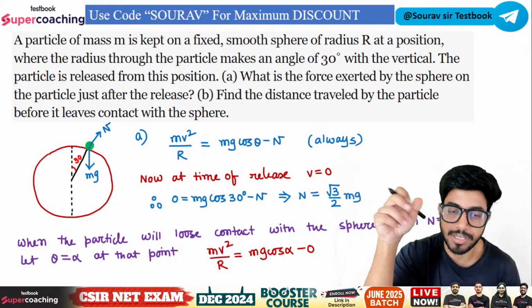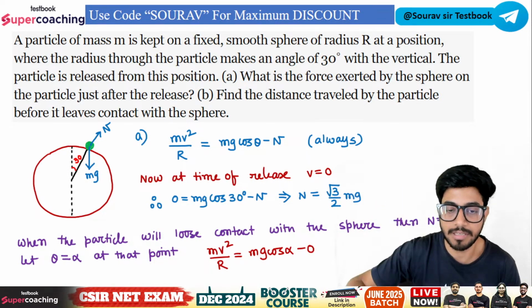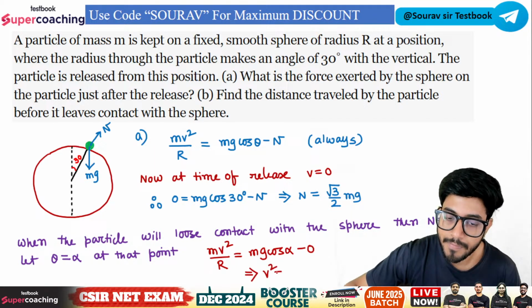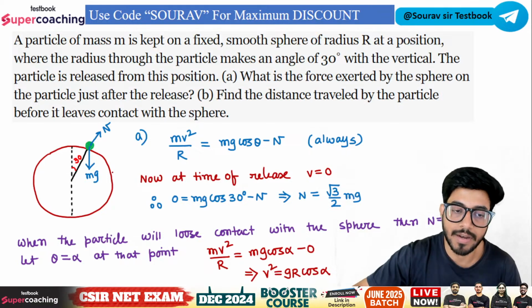So m cancels out, and v square is gr cos alpha. That is the velocity square at that point.